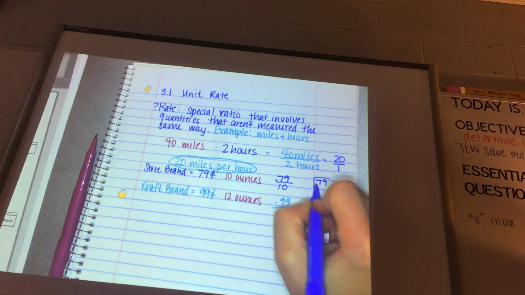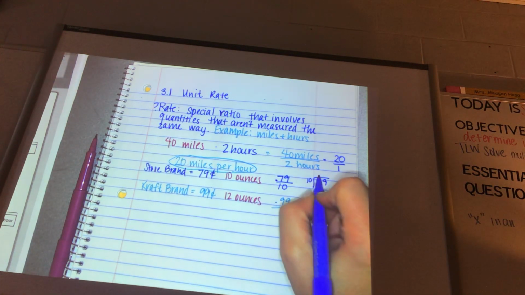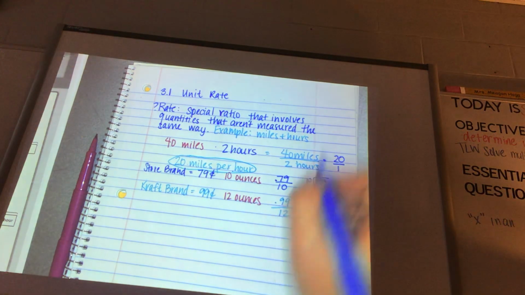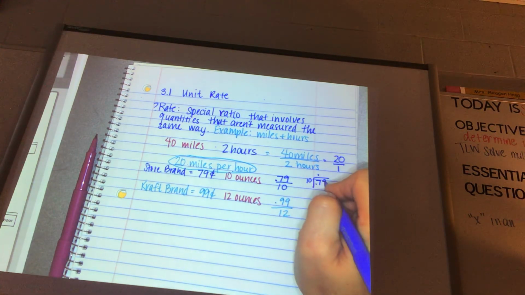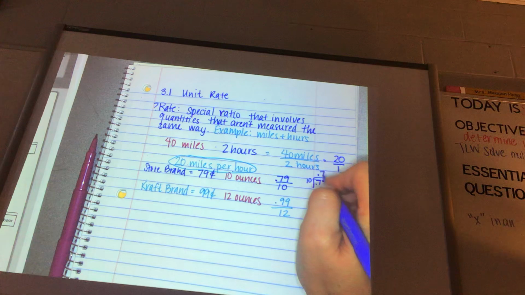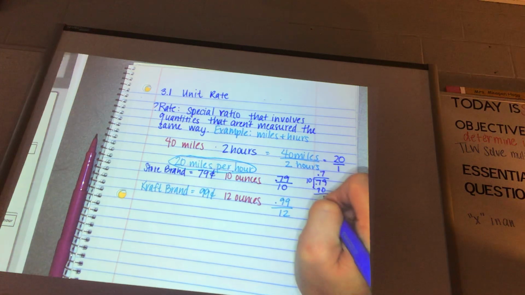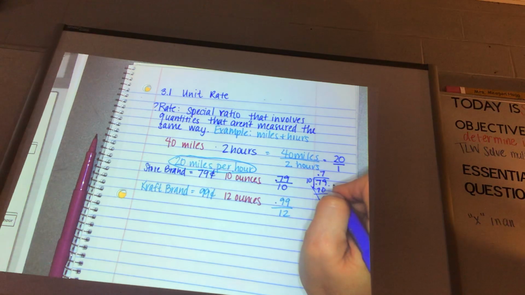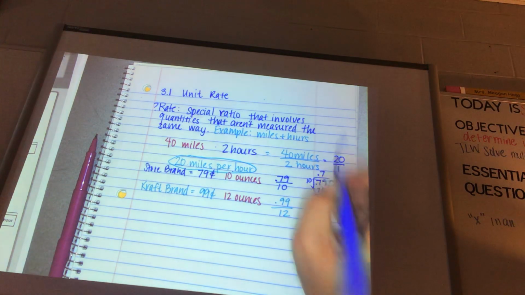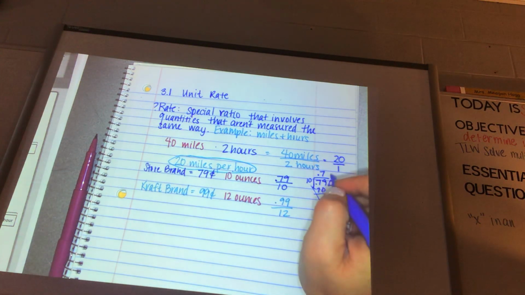Okay, so you would set them up 0.79 divided by 10, move your decimal to the top, and you would say 10 goes into 79 7 times. That's 7 with 9 left over. Okay, and then add a 0. 10 goes into 90 what? 9 times, right?